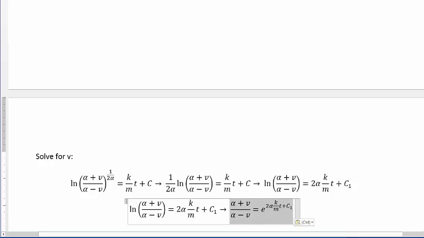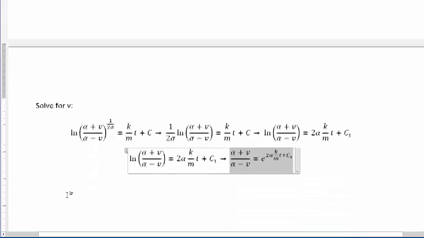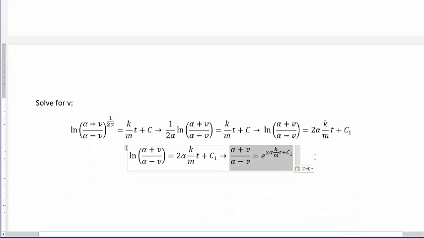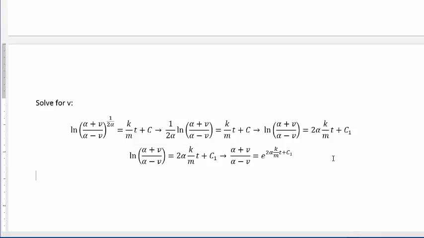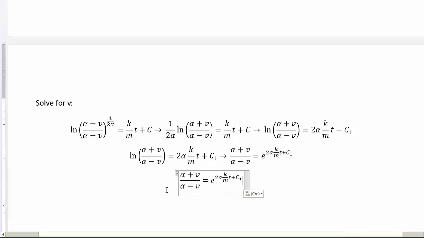So now we have this equation, and we're solving for v. Now it looks pretty difficult, but we've actually done things like this in second semester algebra class. And so what we're going to do is multiply both sides by the denominator, so that's alpha minus v.